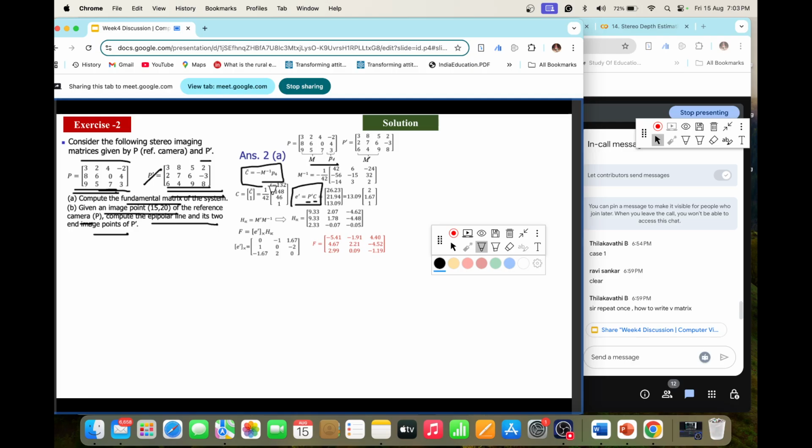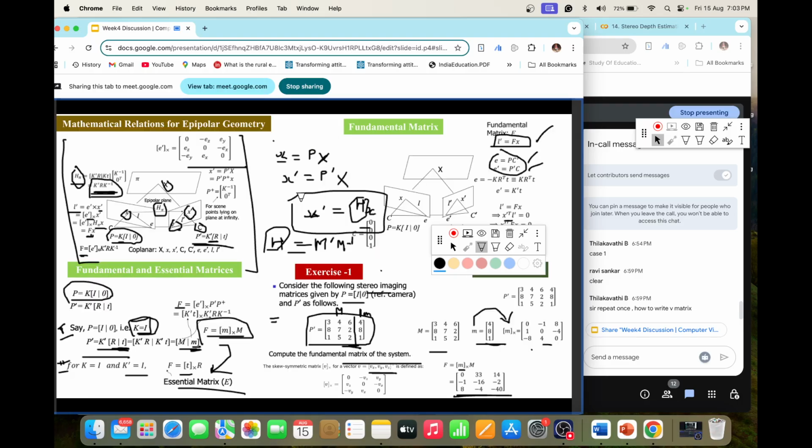In homogeneous coordinates, you just add a 1 here, or just add a scale here, converting C tilde to C. Once we get C, we have P dash, so we will get the E dash. So our one portion is complete, the E dash portion is complete.